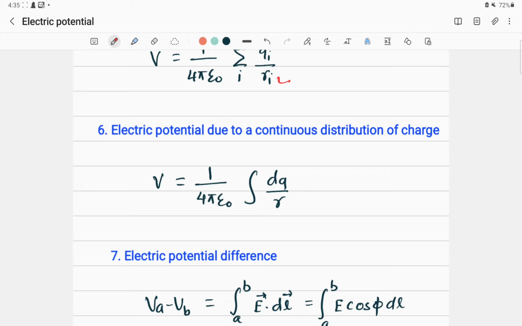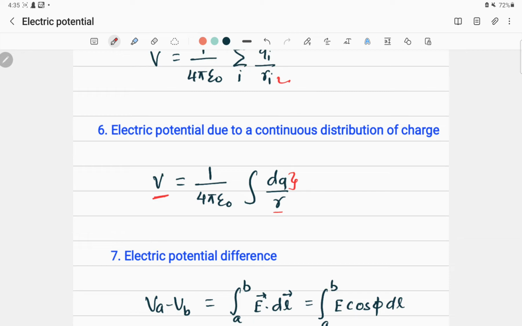So the potential due to a continuous distribution of charges, V, will be equal to 1 by 4 pi epsilon naught integral of dq over r, where the integral is over the charge distribution, and dq is the charge element, and r here is again the distance from the charge element to where potential is measured.